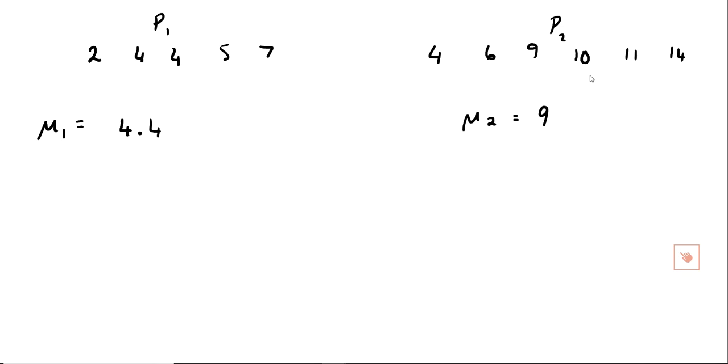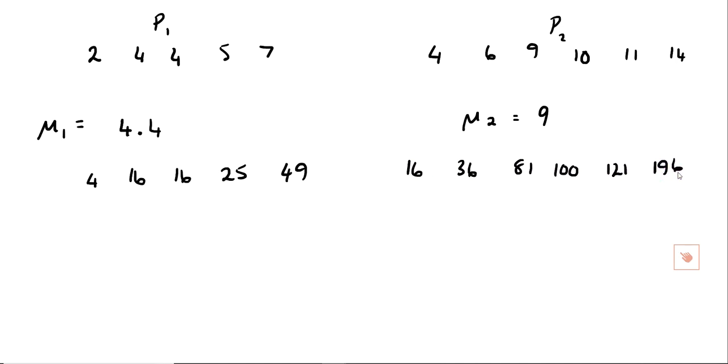And then it says, for each one, find the mean of the squared values. So the squared values would be 4, 16, 16, 25, 49, and this one would be 16, 36, 81, 100, 121, and 196.